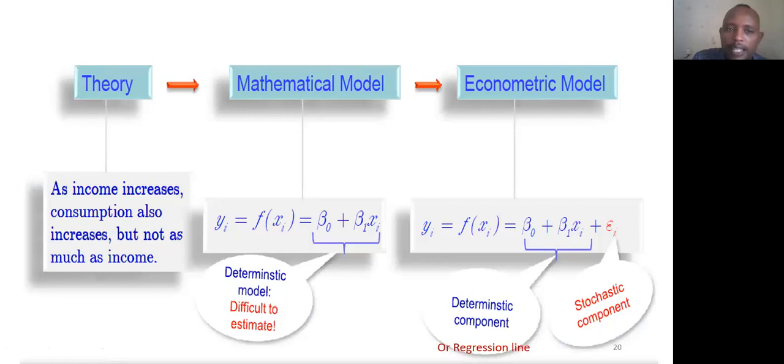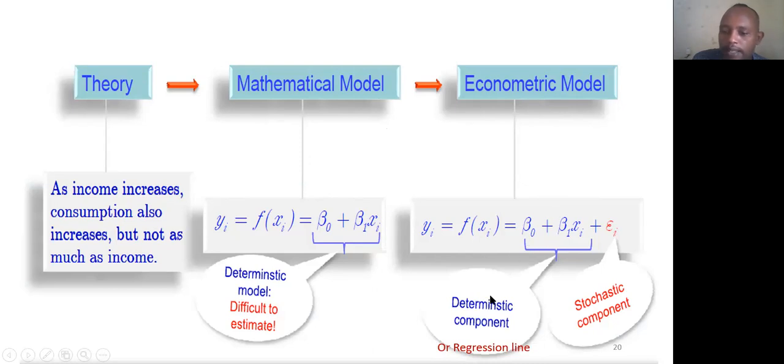Let us talk about general things. When we formulate a regression model, we should start from a theoretical concept. For example, like here, as income increases, consumption also increases. We formulate such a mathematical model, and when we add this error term to the mathematical model, it becomes an econometric model.